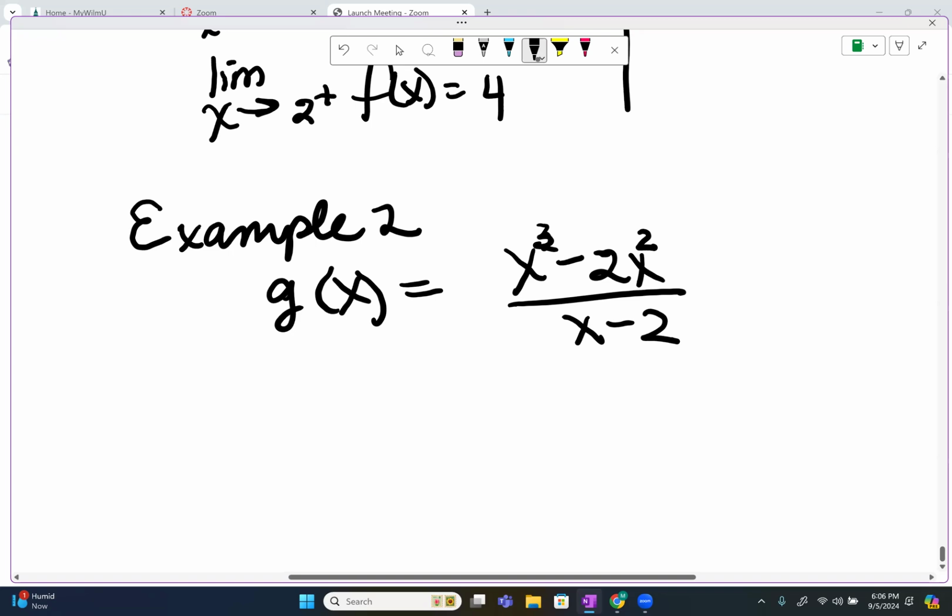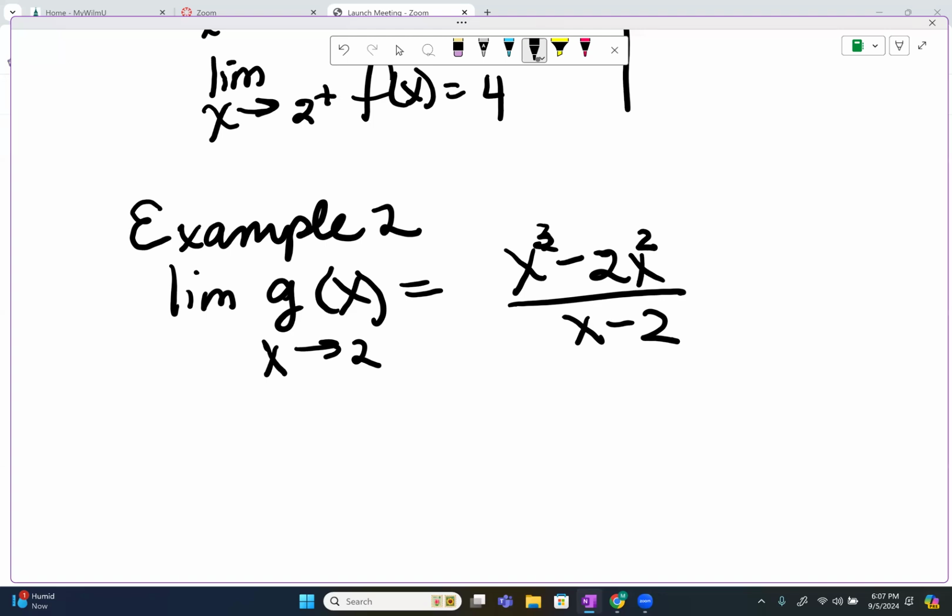And they're asking for the limit as x approaches 2. So there's a limit of the function as x approaches 2. What you want to know here is that as x approaches 2, we end up with 4.